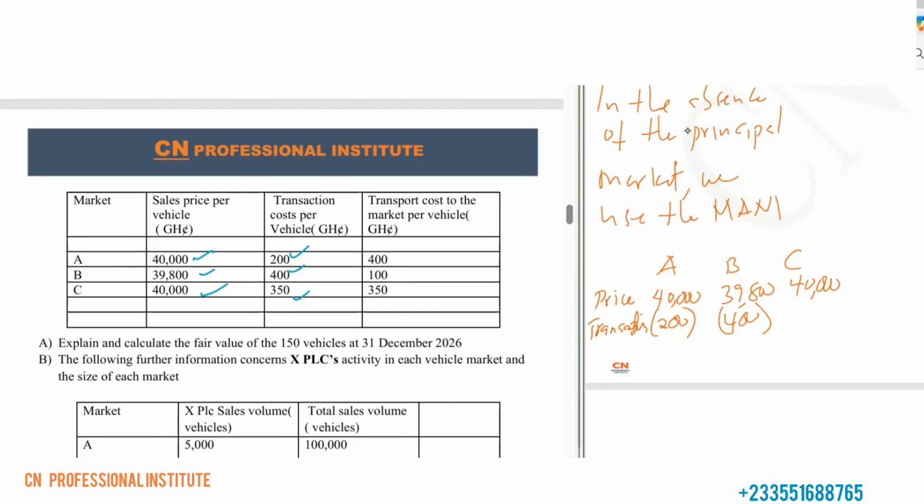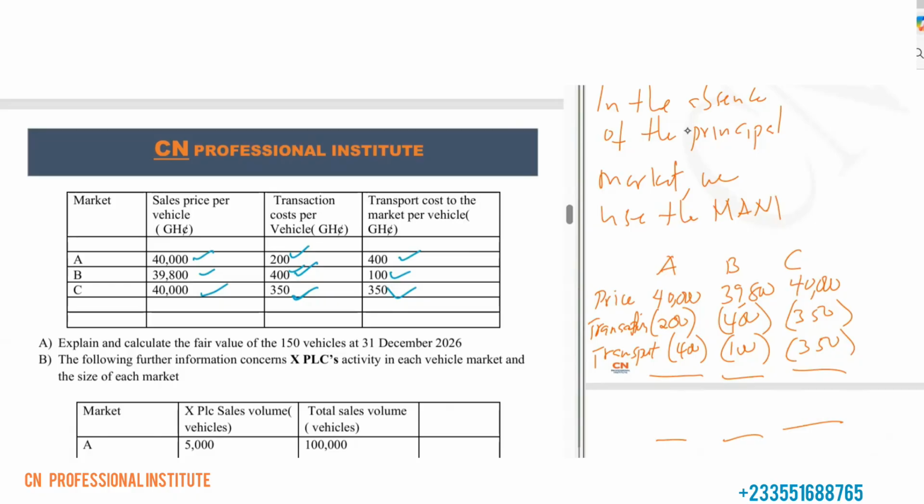And C is 350. That's the transaction cost. Then we go to the transport cost. Transport A is 400. B is 100. And C is 350. So we deduct, and then we get the net amount.